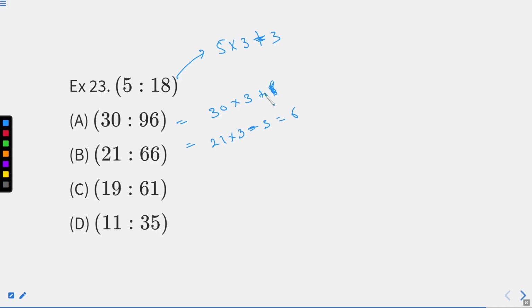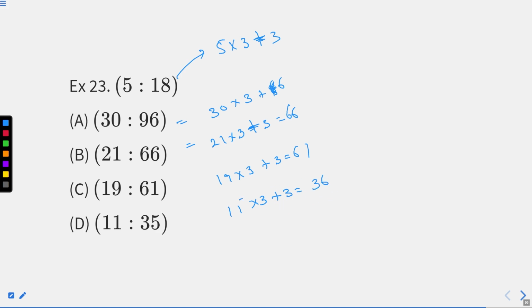Okay, here we are getting plus 6, right? This multiplied by this plus 3 gives us 66. Okay, 19 multiplied by 3, what do we get? We are going to get 58 plus 3, we are going to get 61. 11 multiplied by 3 plus 3, what are we going to get? 36.